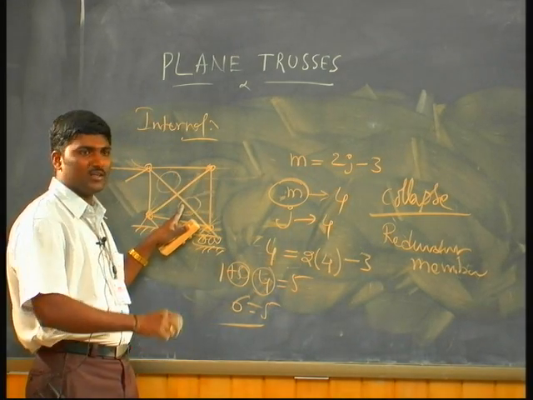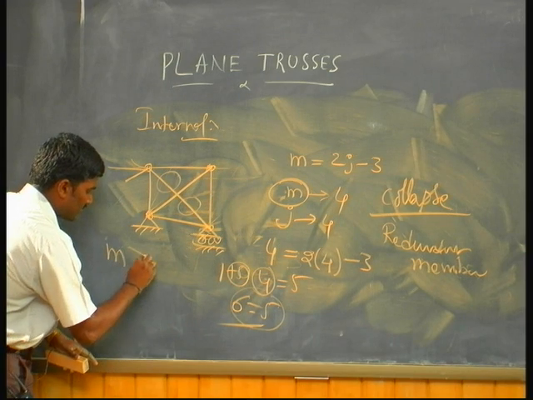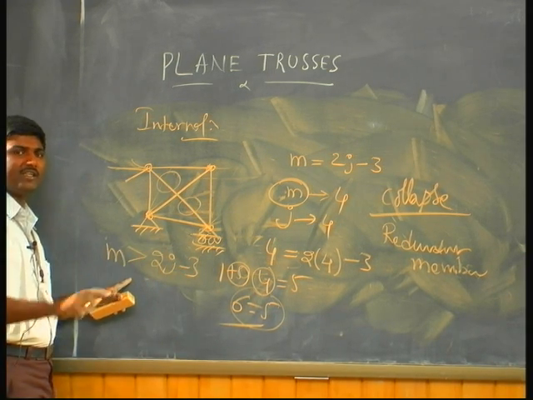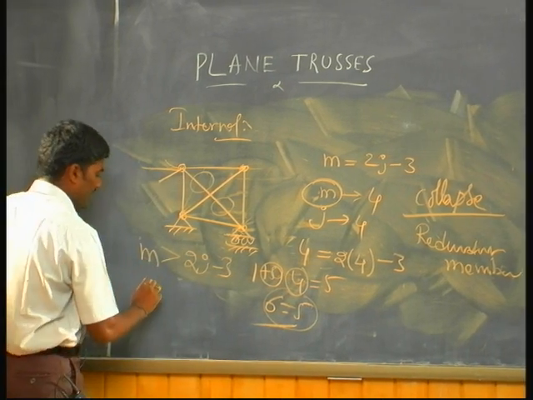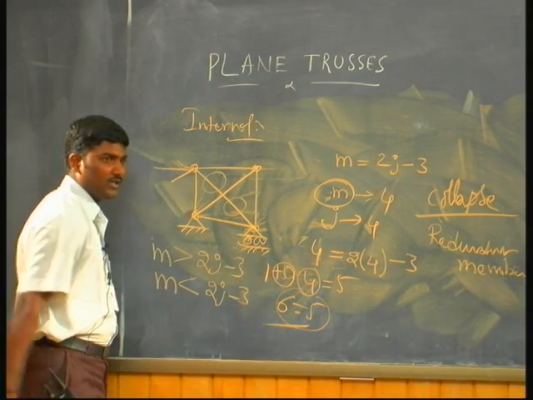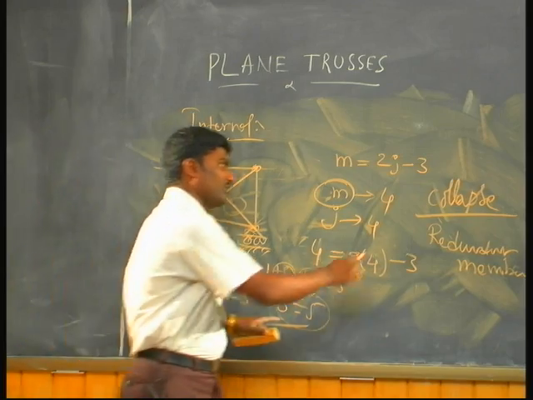If the condition is not met and you have members more than 2j minus 3, it is internally indeterminate. If m members are less than 2j minus 3, your structure is unstable, collapsible, it will collapse.